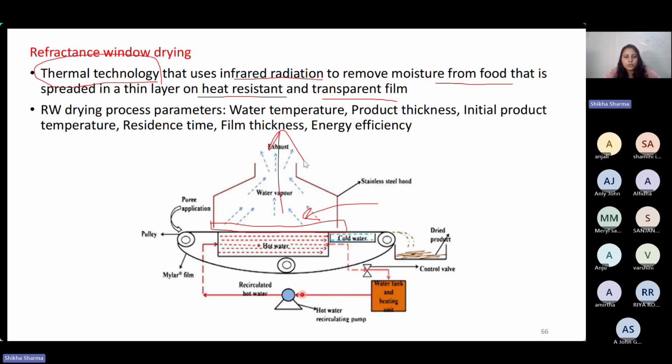So this is basically the mechanism. This drying process basically uses the infrared mechanism. It depends on the product thickness, the initial temperature of the product, how much time we are taking, and how much the film thickness is. Based on that, it will work.